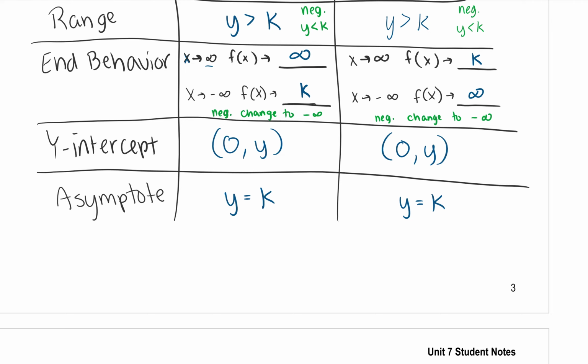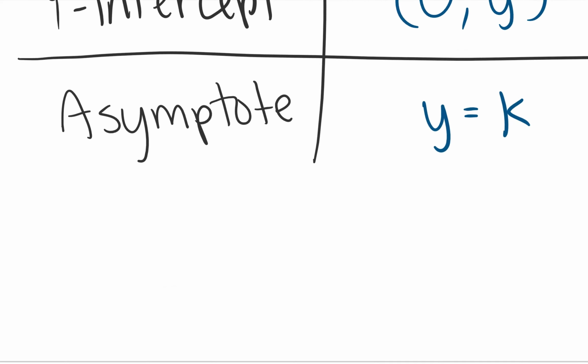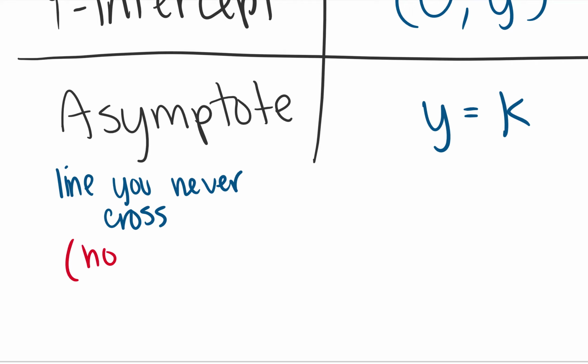So asymptote, what do I mean by that? An asymptote is simply a line you'd never cross. So a line you never cross. And if you want to write this, because this might be important to know too, as far as exponential functions go, these will always be a horizontal line.